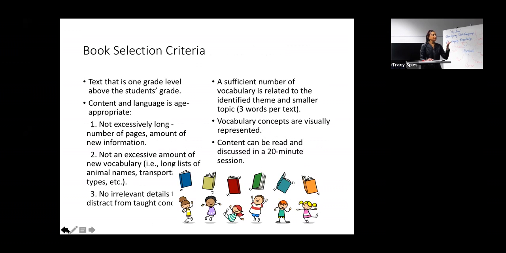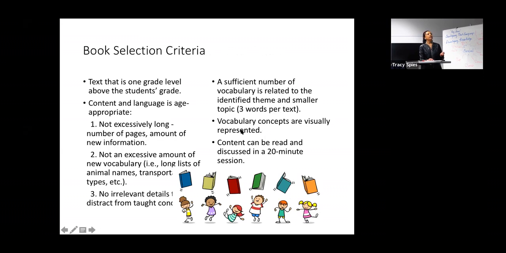So some books, let's say on transportation, you see pages of cars, pages of trucks, pages of different kinds of planes. You can't teach all of that. It becomes very distracting for young children. So I try to get rid of some of the distractors so I can focus on what the key concepts are. I also don't want any irrelevant details.